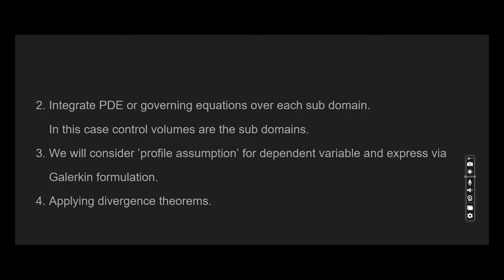The third step is considering a profile assumption for the dependent variable and expressing it via Gaussian formulation. And the last step in this formulation is applying the divergence theorem, which helps us convert volume integration into surface integration.